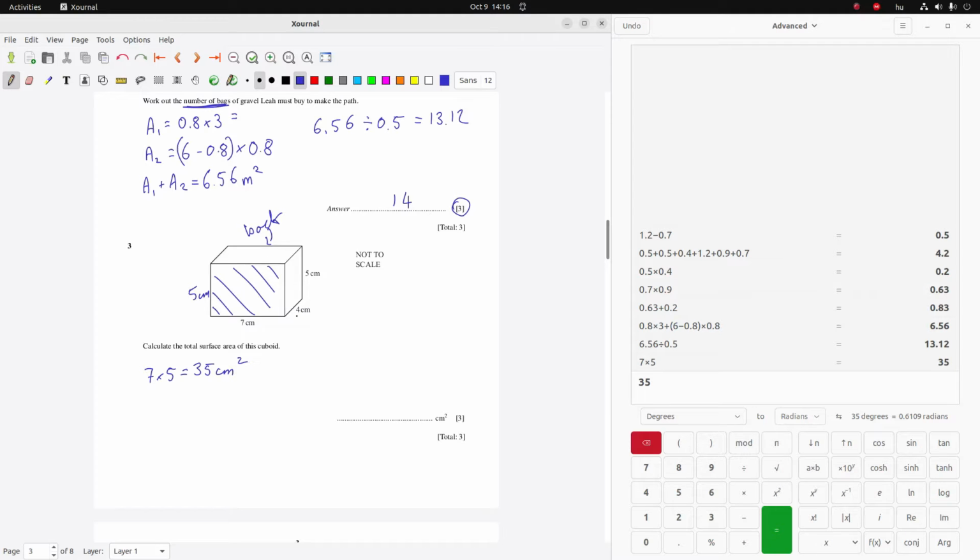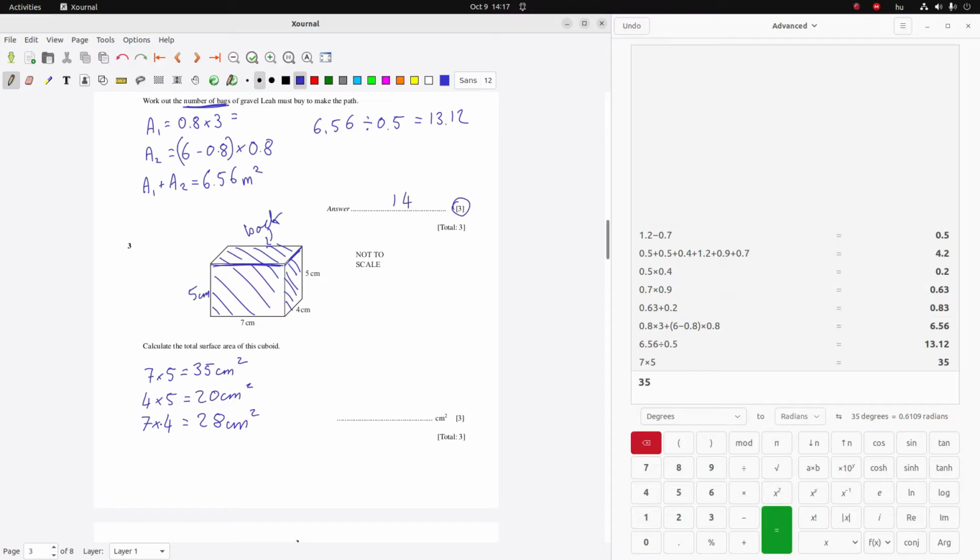The side face is equal to 4 times 5, which is equal to 20 centimeters squared. While the top face is equal to 7 multiplied by 4, which is equal to 28 centimeters squared. If you can't do this mental arithmetic, that's fine. You just do it in the calculator.